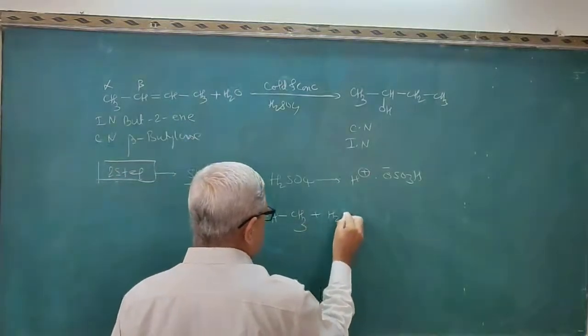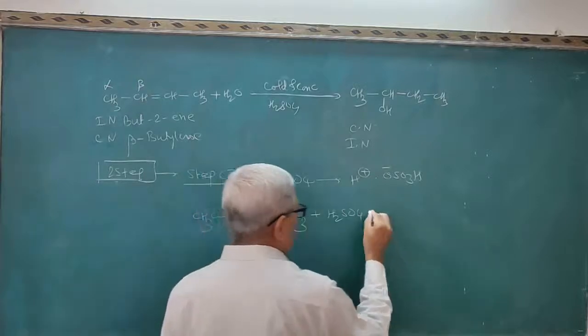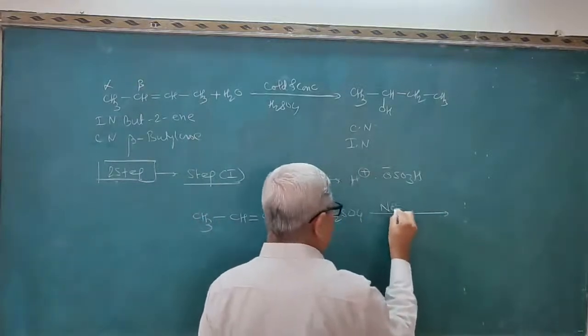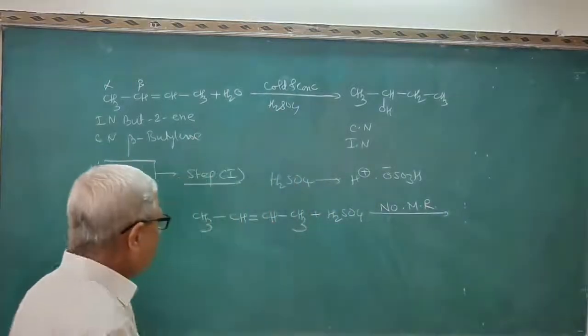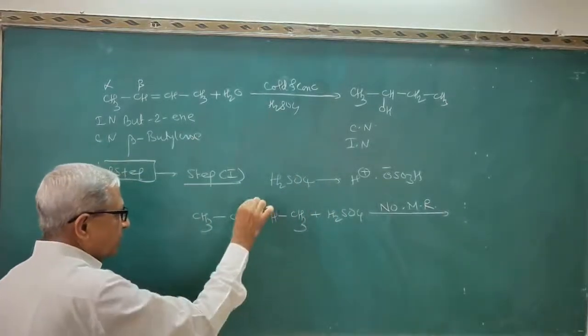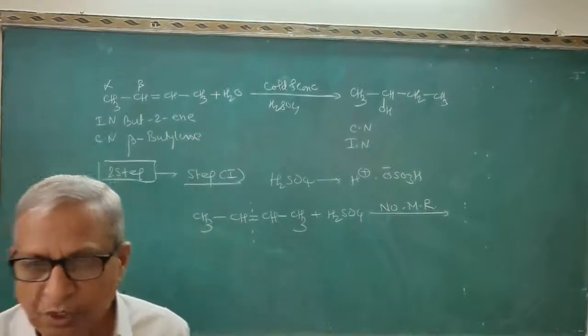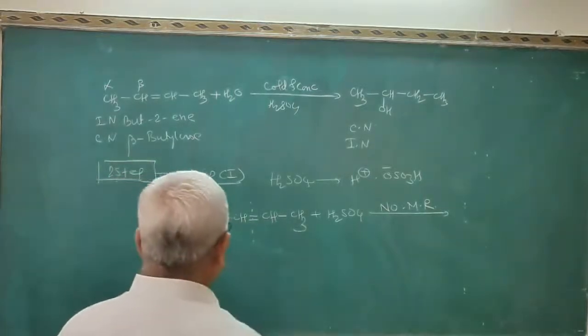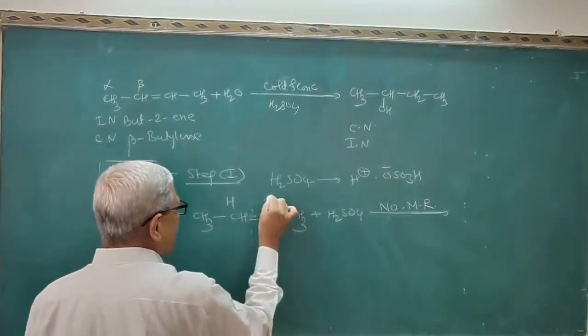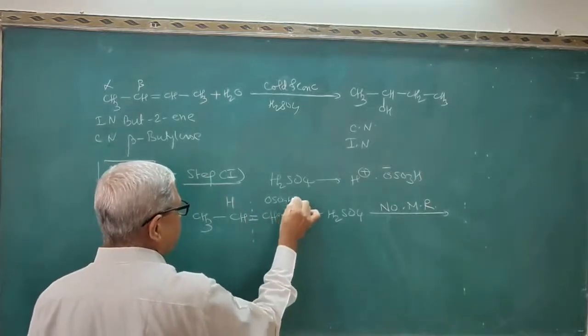When you do the reaction with H2SO4, you cannot use the Markovnikov rule here, because this is a symmetrical alkene. Markovnikov rule is used only in the case of unsymmetrical alkenes. So you will add here H, and you will add here OSO3H.